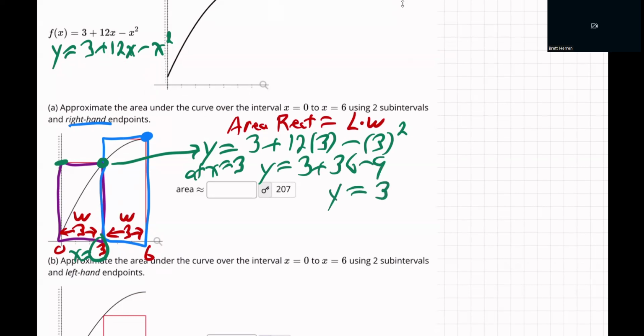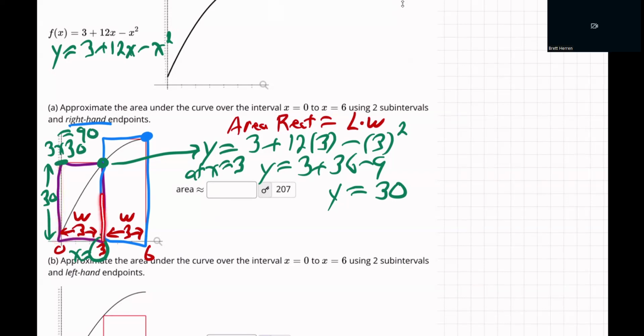So that's 30. So y is 30, which means the height here is 30. So the area of that first rectangle is 3 times 30, which equals 90, because it's 3 wide and 30 tall.